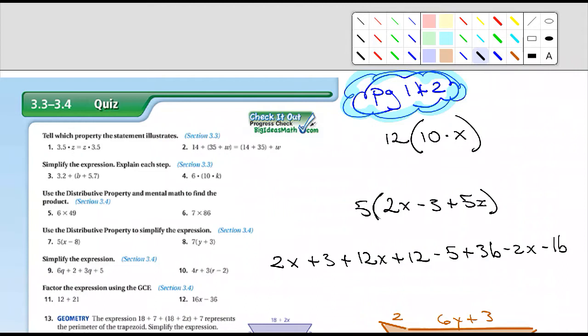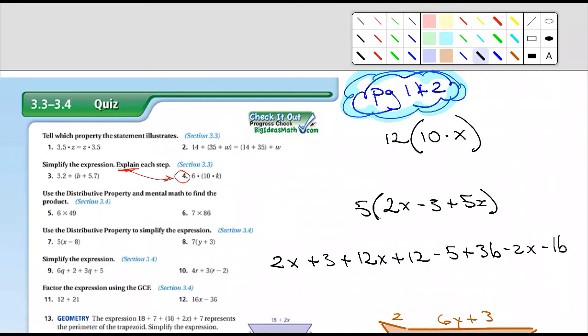For number 3, it says simplify the expression, and explain each step. I just want you to do that for number 4. I'm going to circle number 4 here. First off, I'm going to give you an example of how to do 3 and 4 for starters.